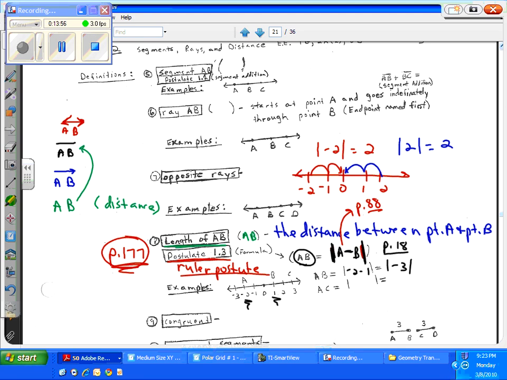Sign rules are on page 18 of the Algebra 1 text if you'd like to refer back to your sign rules. The 1 and 2 are both negative. When you add or subtract with the same sign, you add and take the common sign, -3. Absolute value represents distance from 0, and -3 is 3 units from 0 on the coordinate plane. In other words, the absolute value of -3 is +3. And so the length of segment AB would be 3.